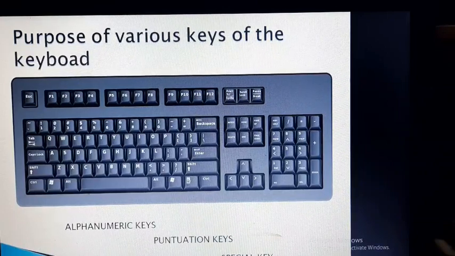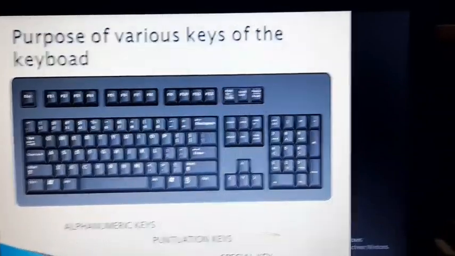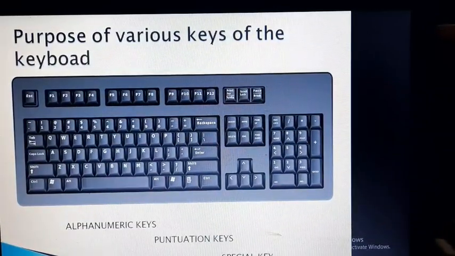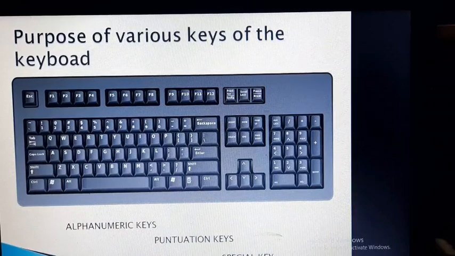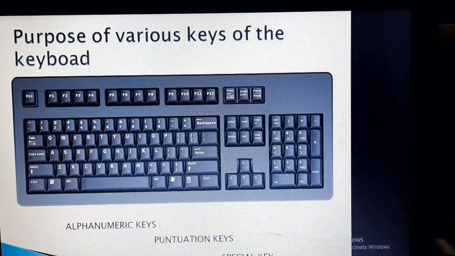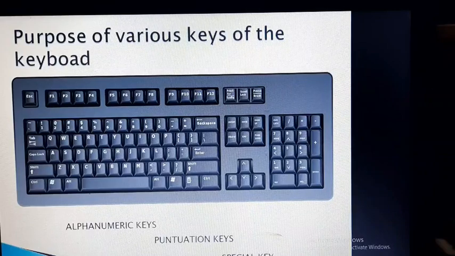Fourth one is the delete key. The delete key is used to delete characters, but unlike backspace key, it deletes character just to the right of the cursor. It also deletes characters at the current cursor position or the selected object.